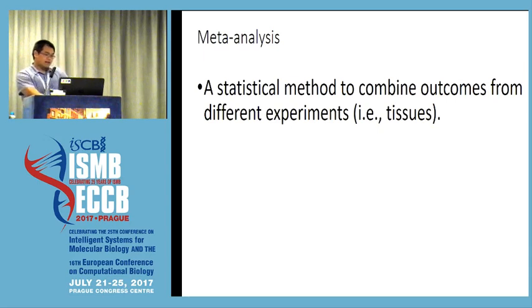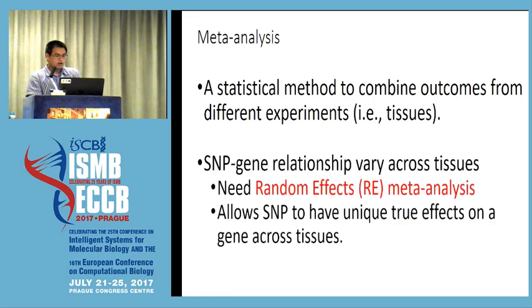Meta-analysis is a method to combine outcomes from different experiments. In our case, the experiments are the tissues. Because the SNP and gene relationship can vary across tissues, we would like to apply random effects meta-analysis, because this allows the SNPs to have unique true effects on the same genes across different tissues.